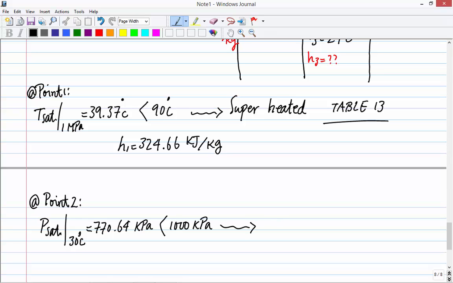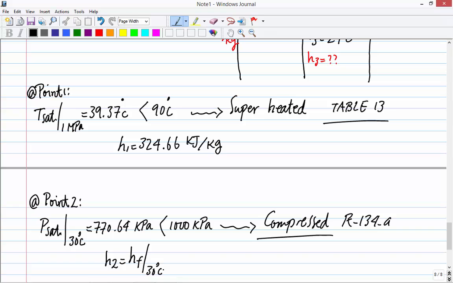It means that I have compressed refrigerant. And in compressed refrigerant, we know that H2 should be the same as the saturated liquid at the same temperature. It's about temperature, not pressure. So keep this in mind.